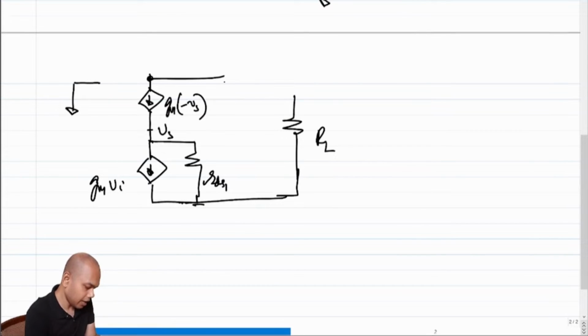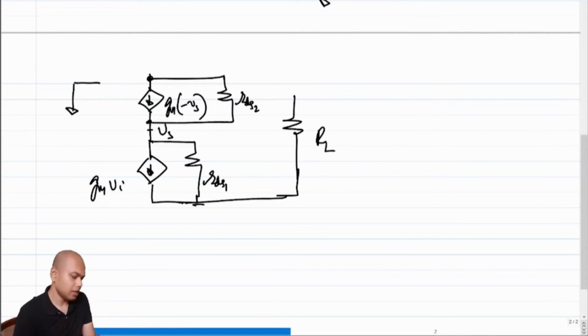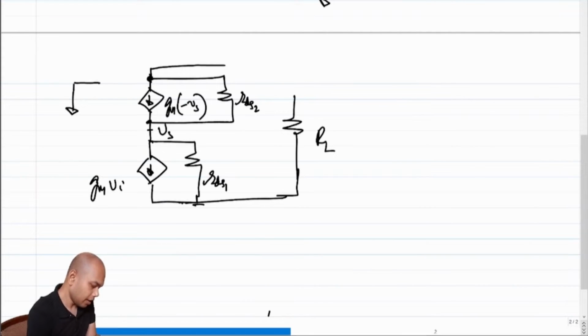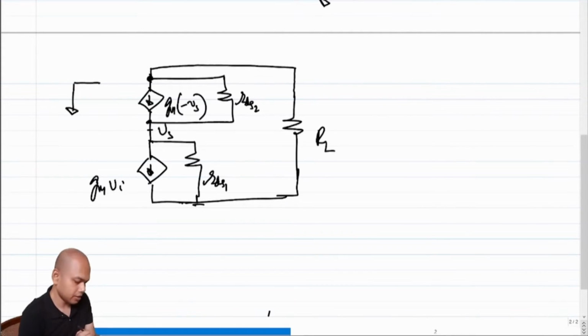And just like any MOSFET, we cannot neglect the output resistance anymore, because we now know that the output resistance is a reality. And we connect this here, and this becomes our V naught.